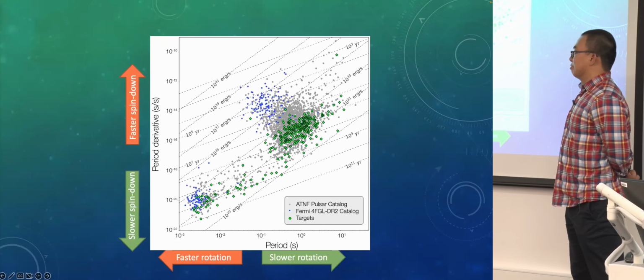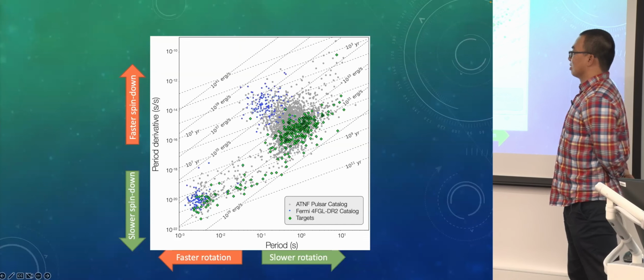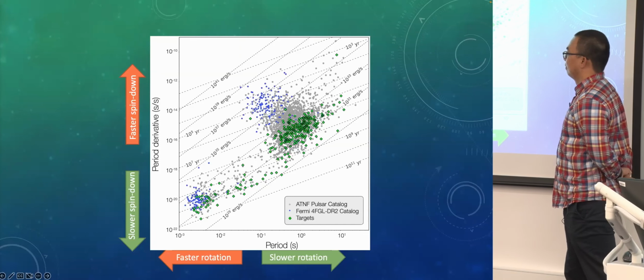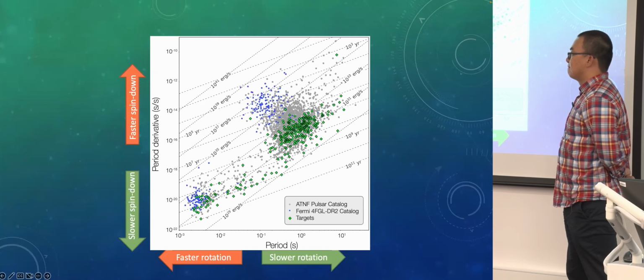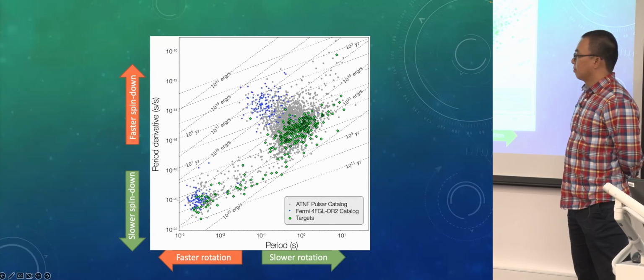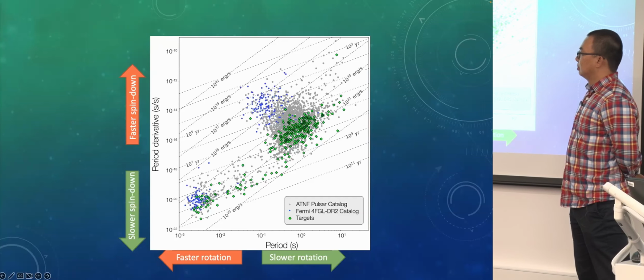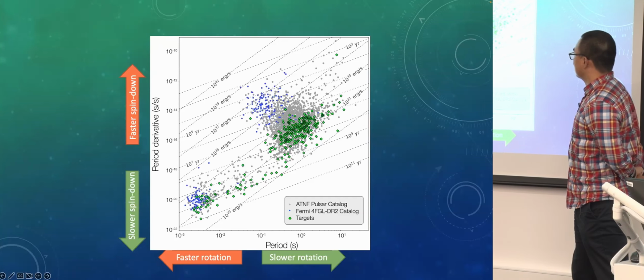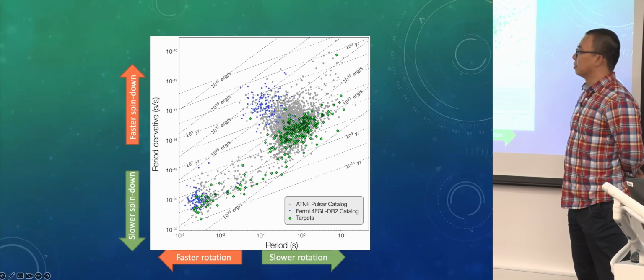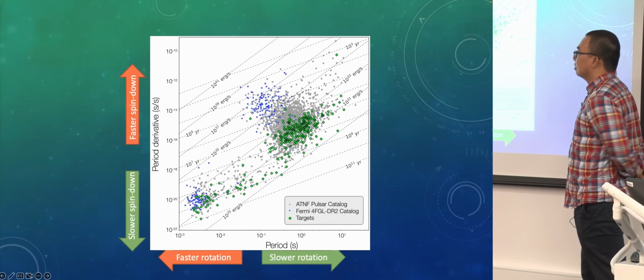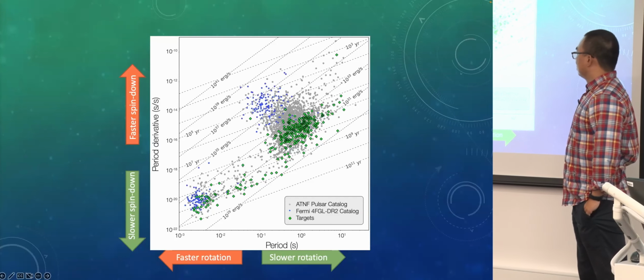It's just because COMPAS right now can't produce millisecond pulsars. Okay, but do you believe that millisecond pulsars form by some other channels, maybe in some different environments? No, it's just there's a little issue with the code at the moment and it can't produce millisecond pulsars. We're going to fix that. Yeah.